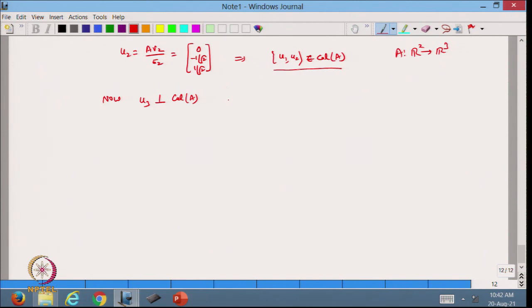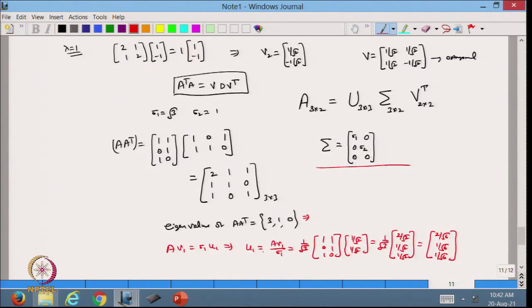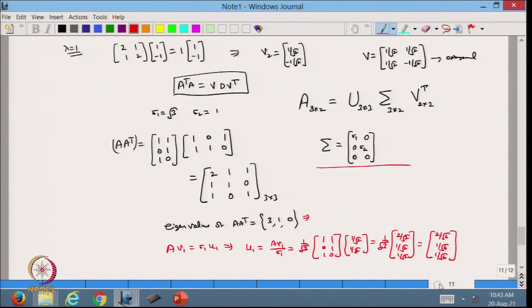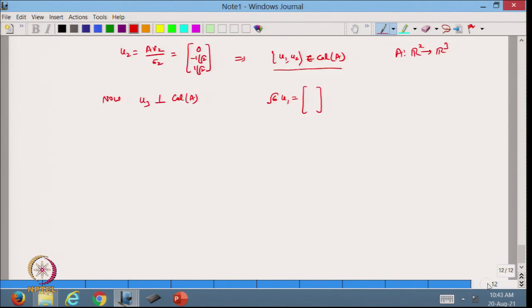Now, for the calculation, we can make life simpler. I can take the root 6 out of u1, so root 6 u1 is equal to (2, 1, 1), and similarly root 2 u2 is equal to (0, -1, 1).